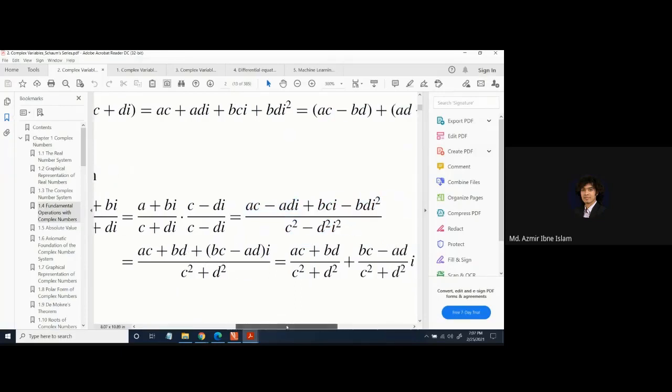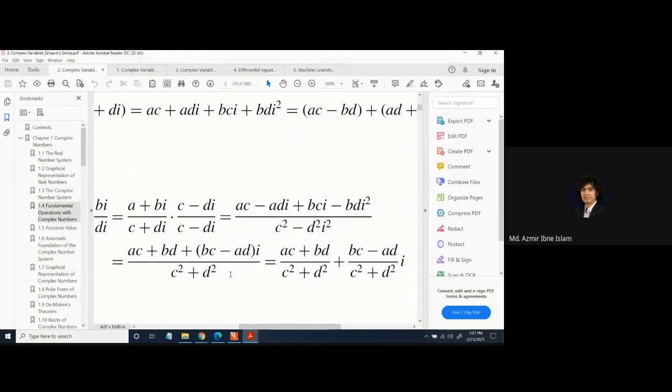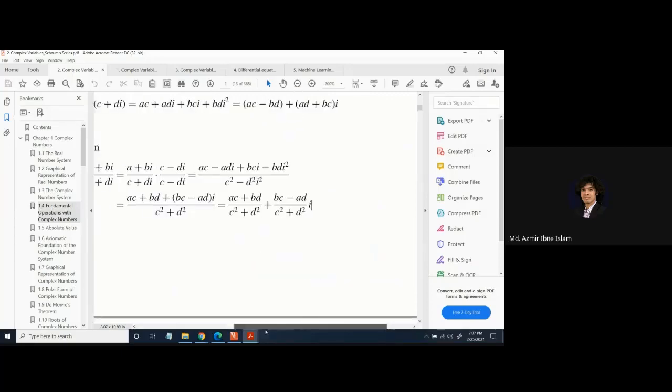How can we reach the standard form? Combine the real part, make a separation with addition, and write the imaginary part with i. This is how you can do the division.